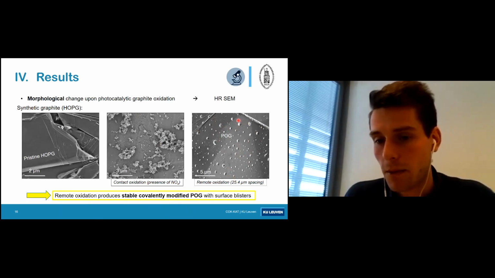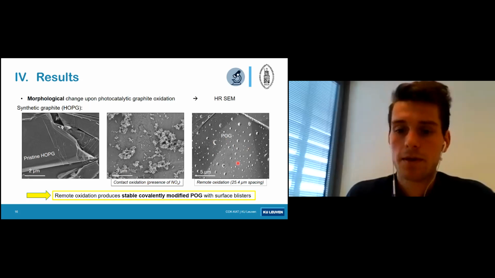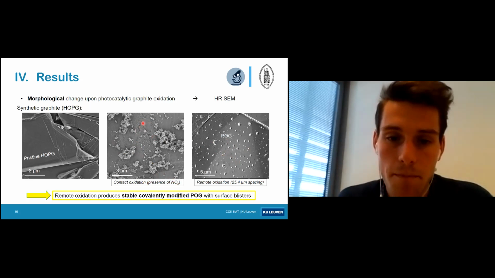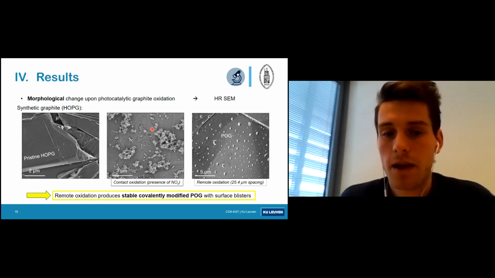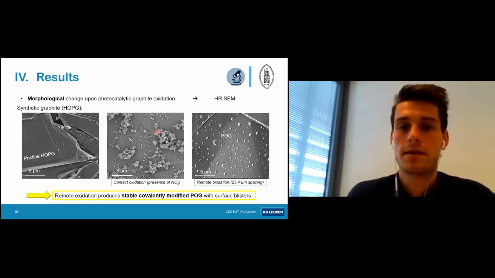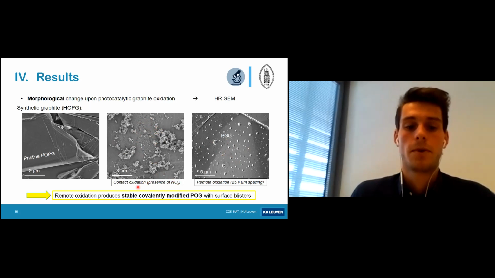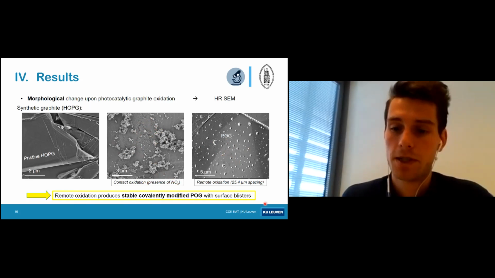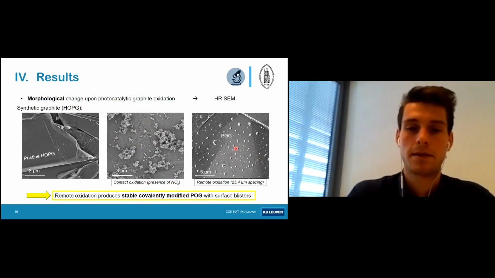Also, some small blisters are noticed in between the larger blisters. In this case, we also used nitrogen oxides, which leads to cracks and the removal of carbon material, a loss of material due to gasification into carbon oxides, CO2 and CO. So remote oxidation produces a very stable, covalently modified HOPG with surface blisters.